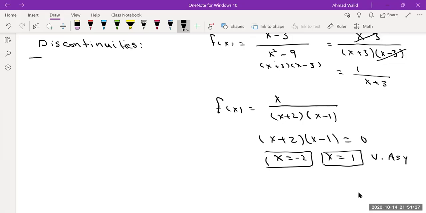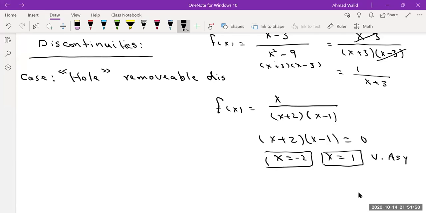Then when we discuss discontinuities, we are dealing with two cases. Case number 1, you get a hole, like what I explained in example number 1, right? Like this one, you get a hole, correct? But a hole, we call it removable discontinuity. Case number 2, you get a vertical asymptote.